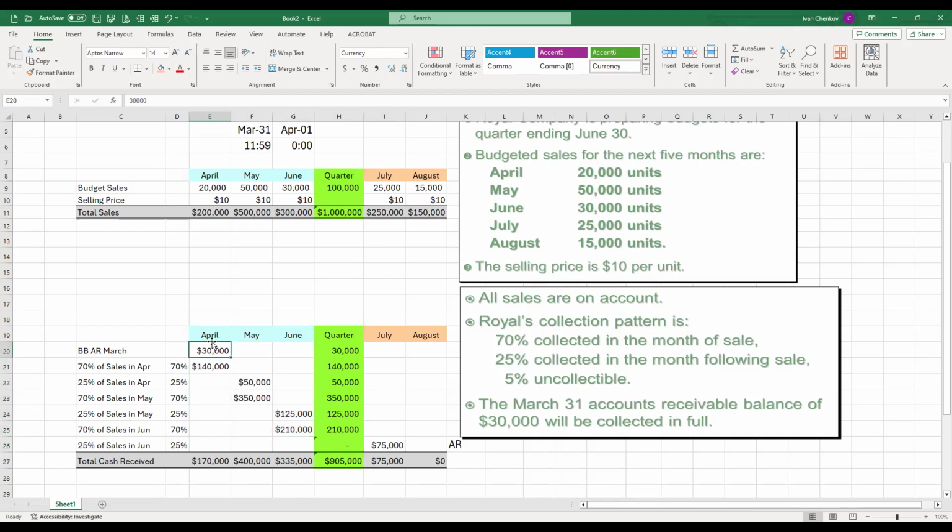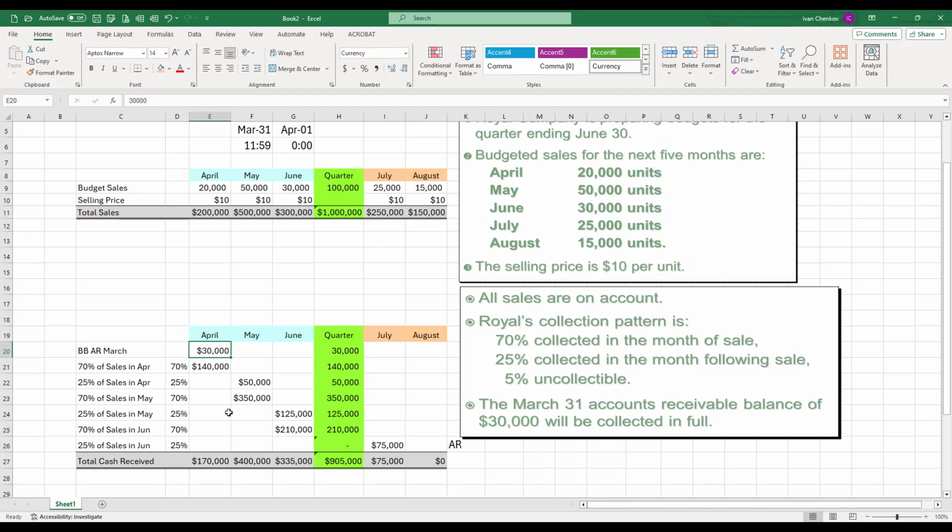But you're not going to collect those $950,000 all together in the quarter. You're going to leave $75,000 carried forward to July. Obviously, you're going to collect the $30,000 that comes from March, but that's because you're moving from one quarter to another.